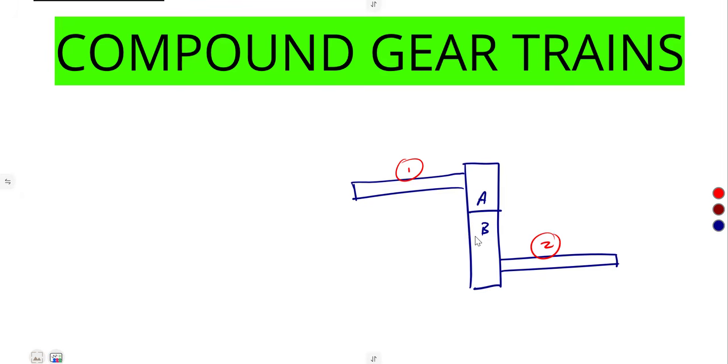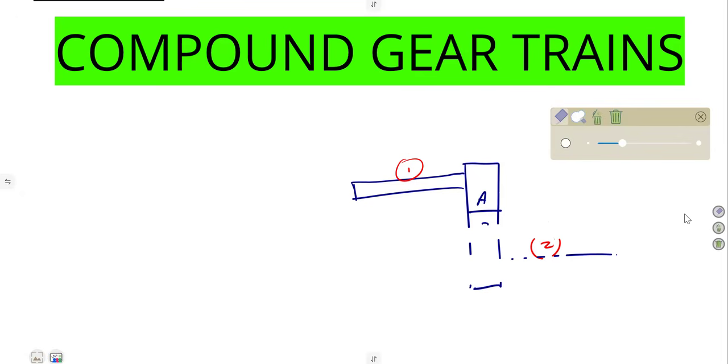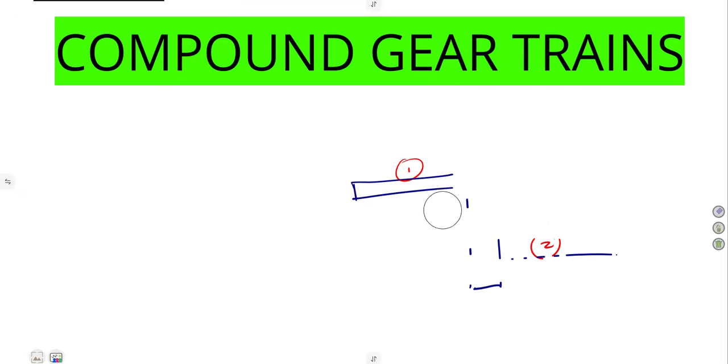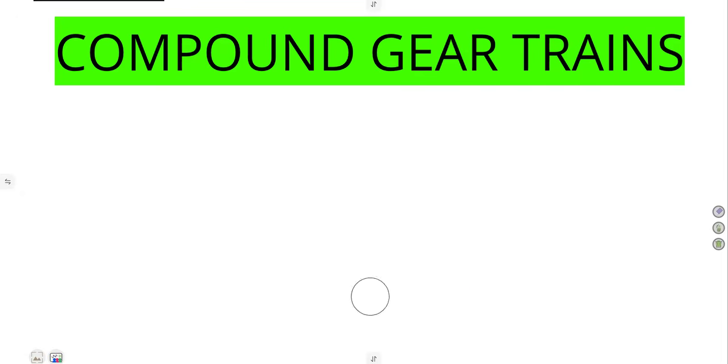But when we consider a compound gear train now, we are going to notice that compound gear trains are gear trains with more than one gear on one shaft. More than one gear on one shaft.